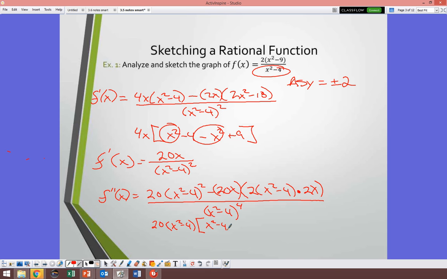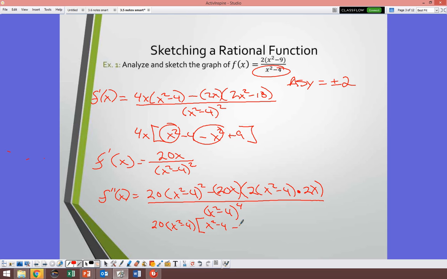And since I took out this 20 over here, I still have an x and I have another x over here. That's 40. Look, I took out 20, so I'm going to have 4x squared.